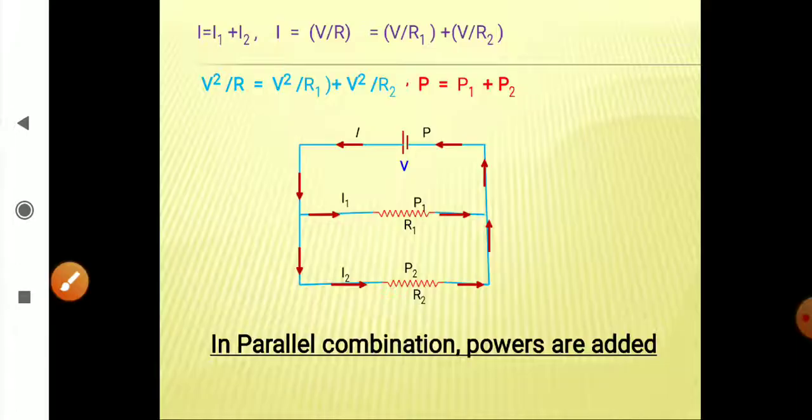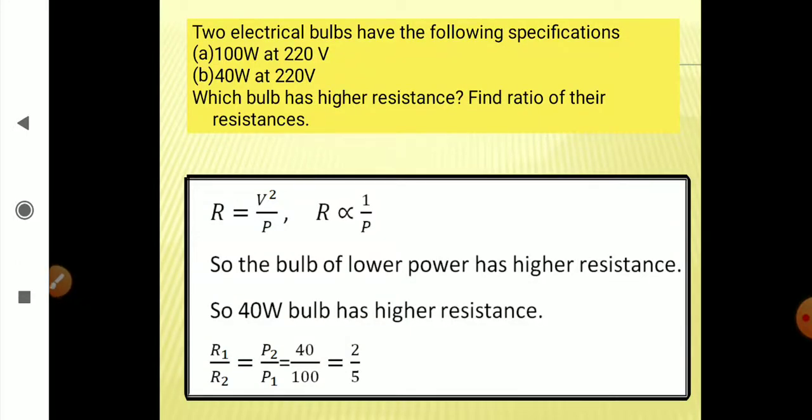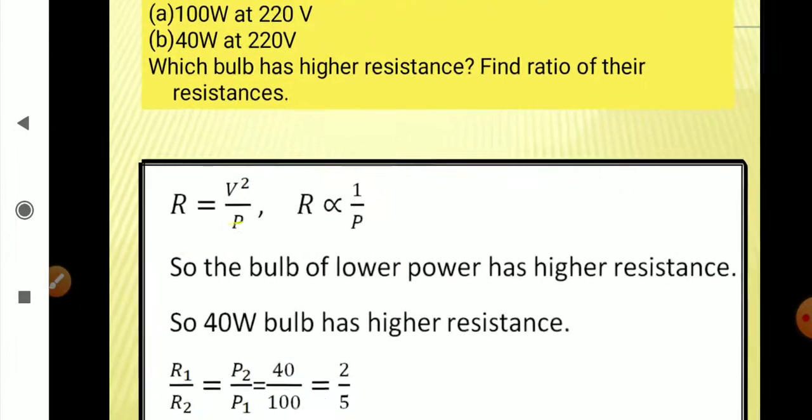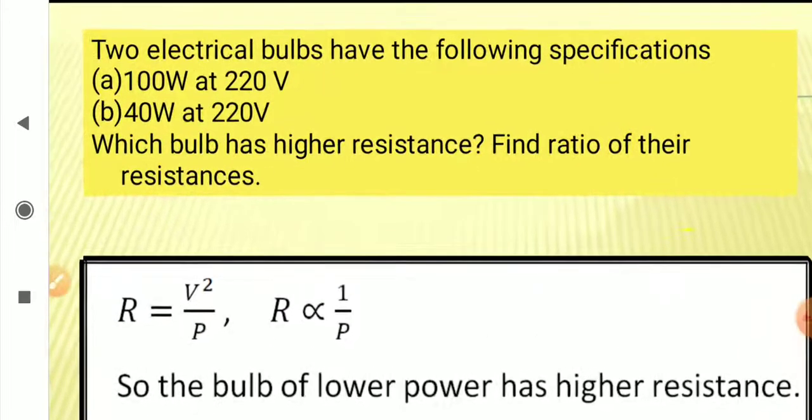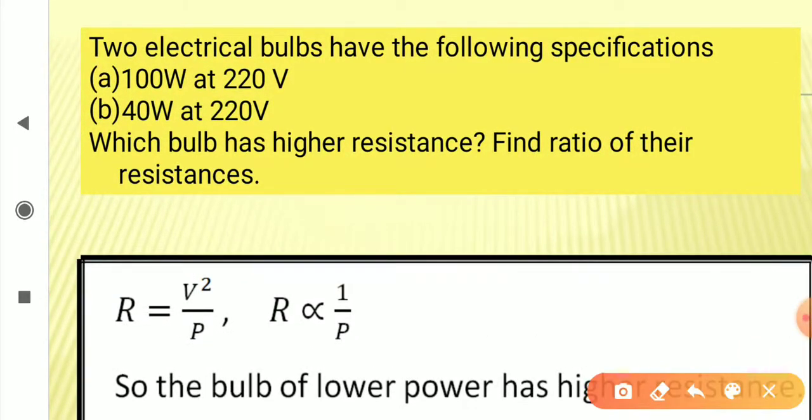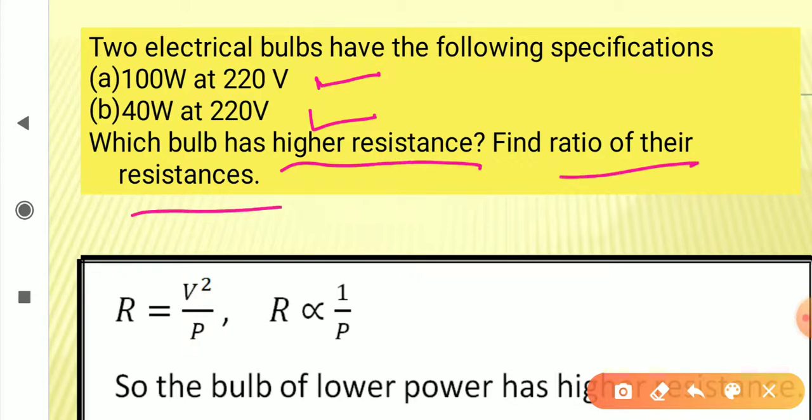Okay. So now let us solve some numerical problems based on them. And to begin with, a very simple one. Two electrical bulbs have the following specifications: 100 watt at 220 volt, 40 watt at 220 volt. Which bulb has higher resistance, and find the ratio of their resistances.